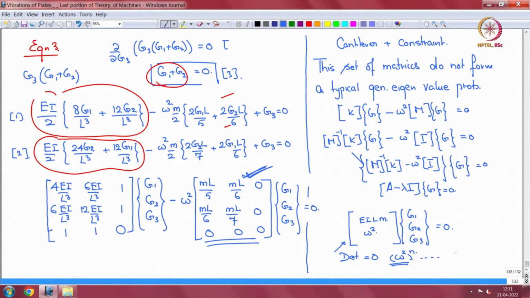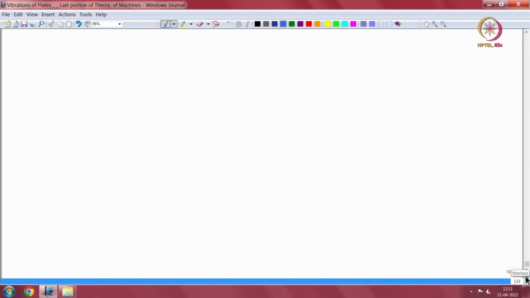Then you can solve it or look for zero crossings, and solve for omega square 1, omega square 2, 3 etc. Those zero crossings, or the zeros of the characteristic equation in this case, are the new natural frequencies.